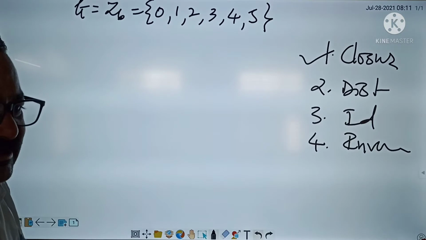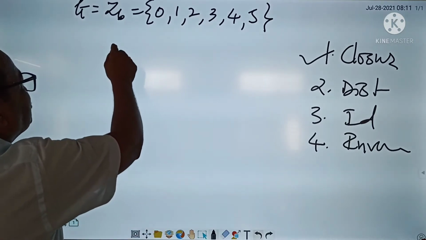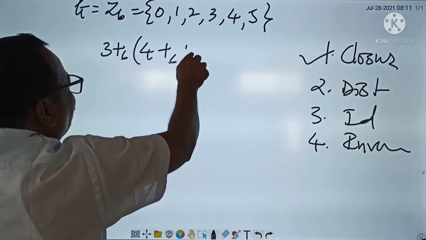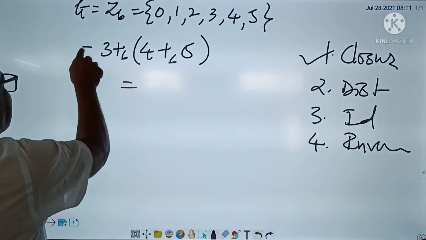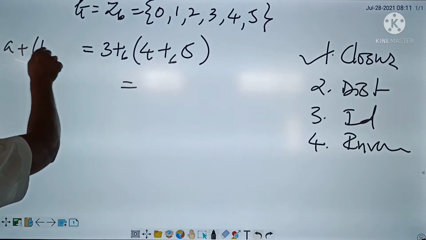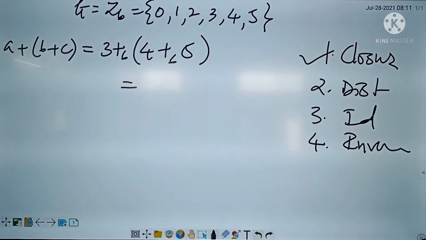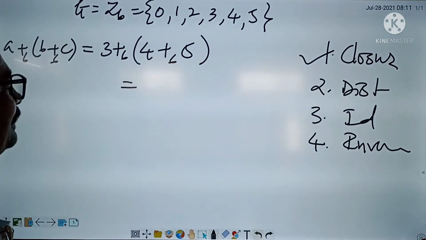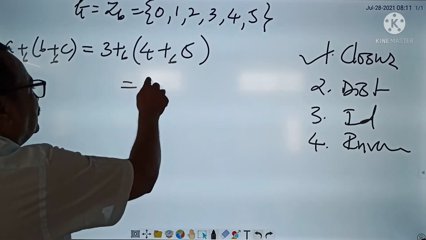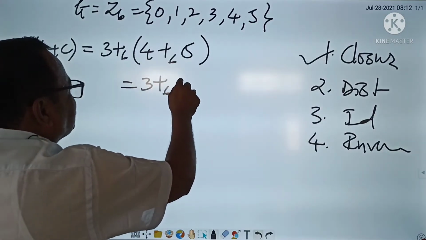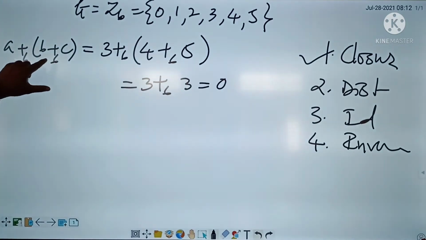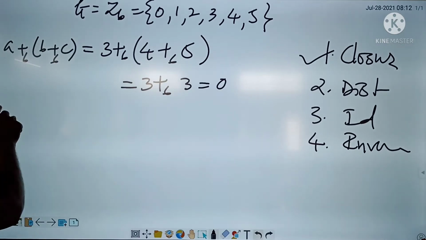Second, the same for associative. Take any 3 elements. I want to take the example 3, 4, 5. We can write A plus (B plus C). Here plus means addition modulo 6. So 4 plus 5 is 9, 9 divided by 6 is 3. So this is 3 plus 3 means 6, and this is 0. This is A plus (B plus C).